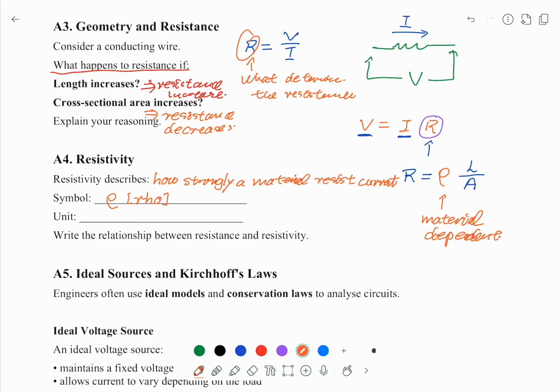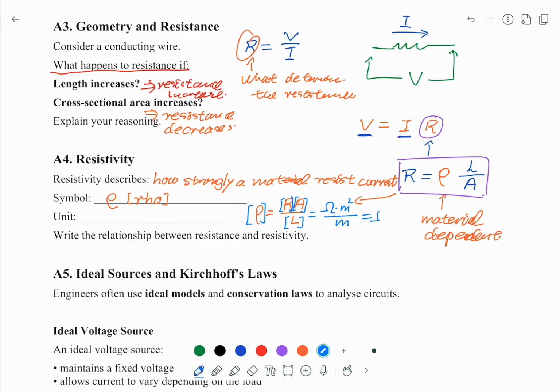We have to go back to the definition. From here, we can say rho equal to RA over L. So the unit of rho is the unit of R multiplied by the unit of A divided by the unit of L, and this is ohm square meter over meter.